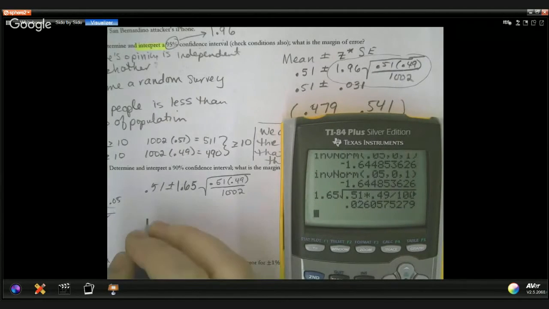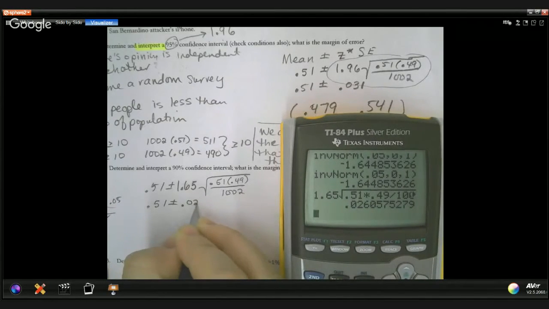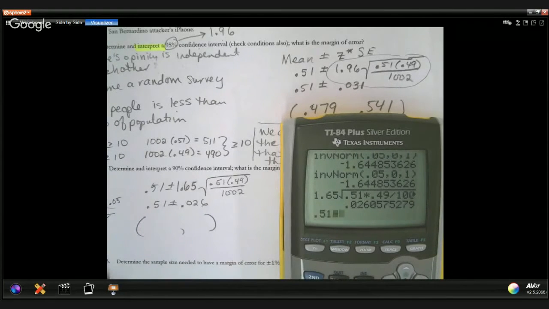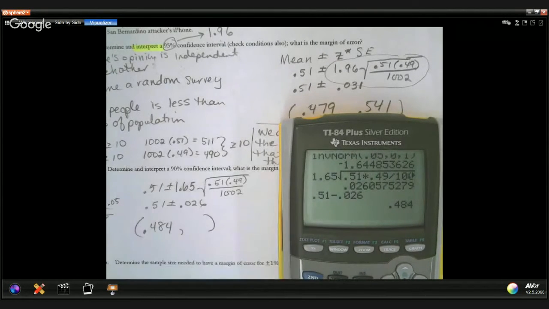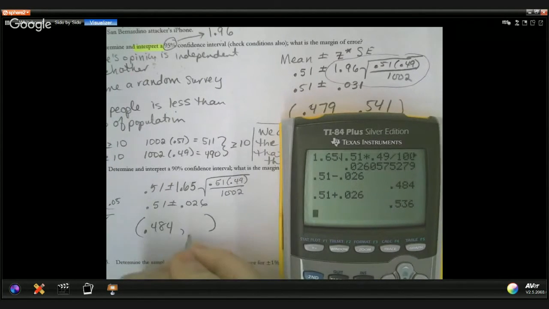And so it's 0.026. So 0.51 plus or minus 0.026. So I'm going to find the lower one first, 0.51 minus that, which is 0.484. And then I'm going to find the bigger one by adding, and I get 0.536.